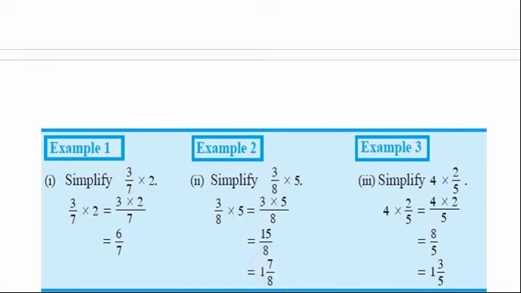At a glance you should be able to do it. The upper portion is written separately and the bottom portion is written separately. So therefore any improper fraction, mixed number, plus, minus, whatever the sign, now you should be able to simplify without any issues.